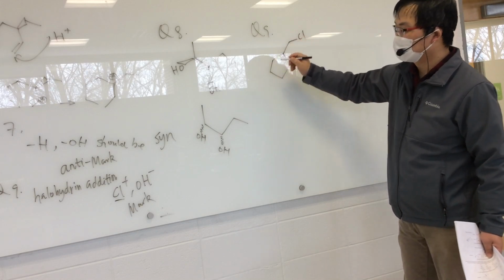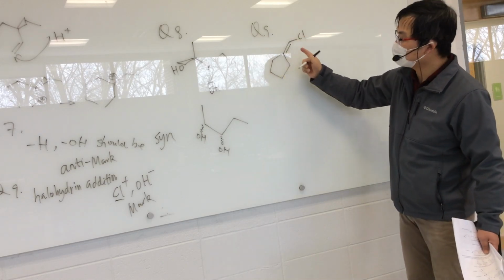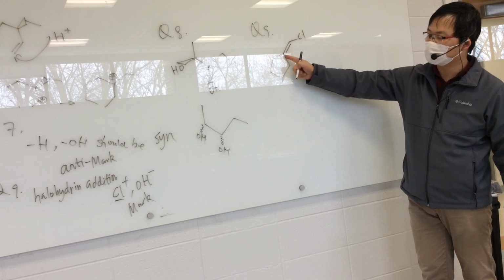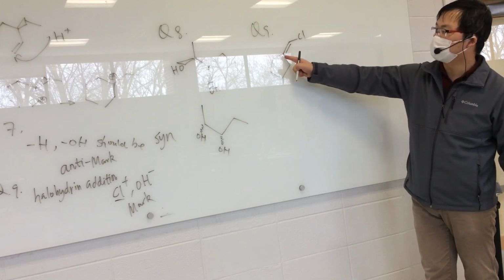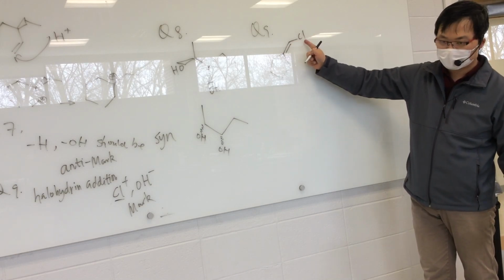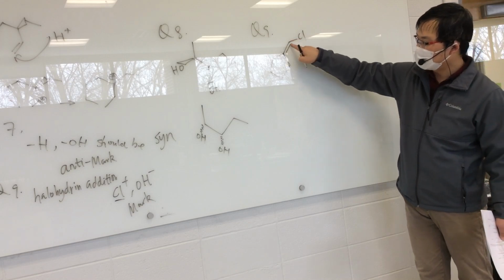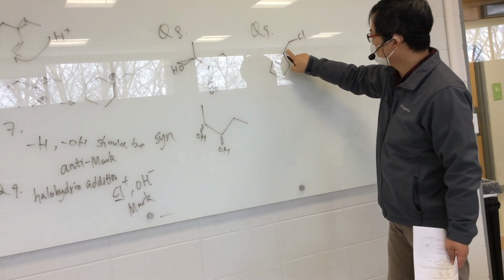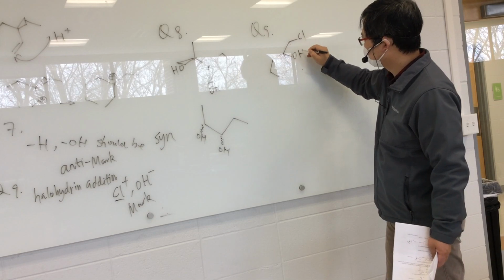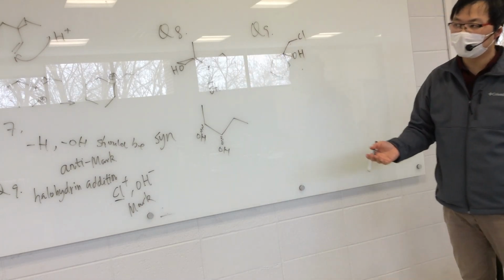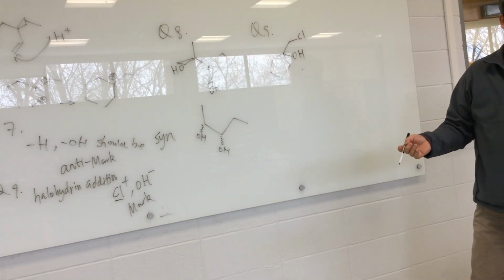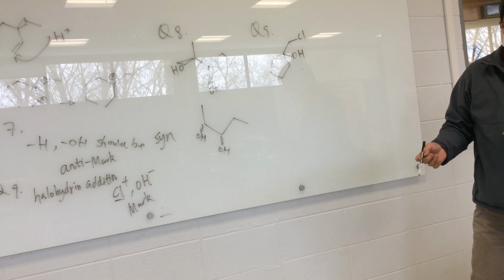Because this carbon has 2 hydrogens, and this carbon has only 1. So the positive chloride should be added to here, and then the OH group should be added to here. And the answer should be E. None of them is correct.